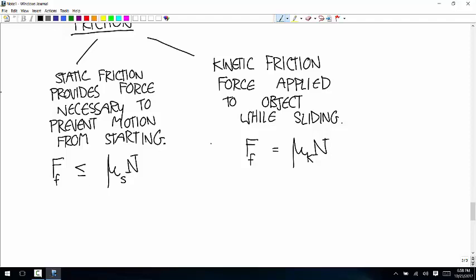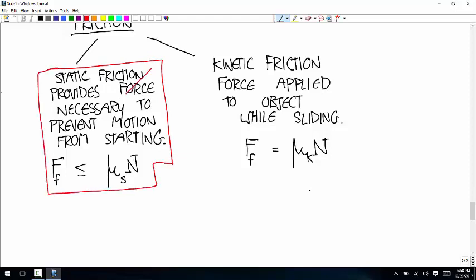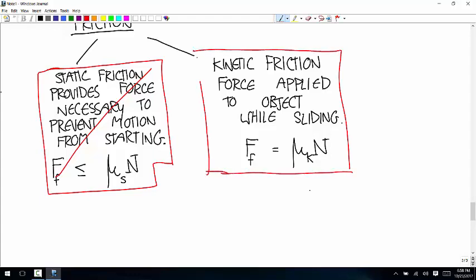So both of these two constants are properties of the two materials that are sliding relative to each other. We are not going to deal with this one just to save a little time in this section. We're only going to deal with this one. But doing the calculations isn't too much different.